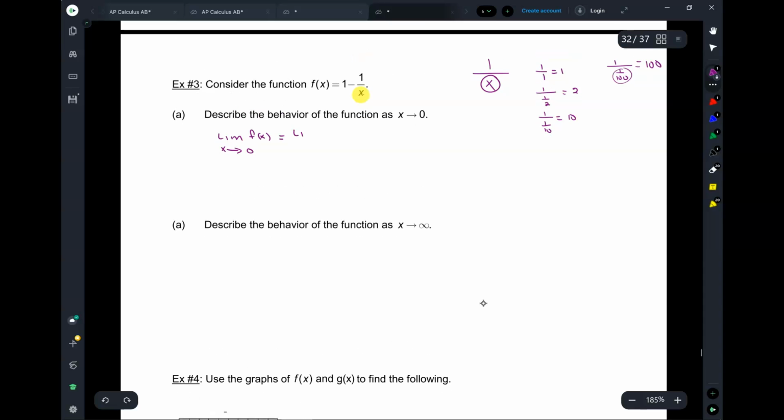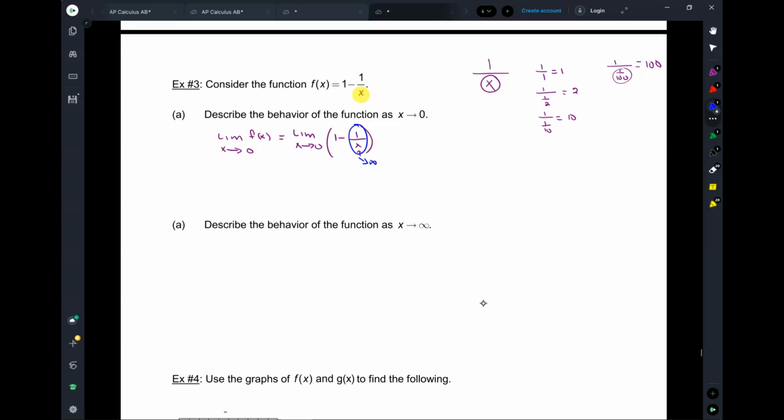So let me write this: the limit as x approaches 0 of 1 minus 1 over x. As x gets super tiny, 1 over x gets really, really big, and it starts approaching infinity. Does that make sense?